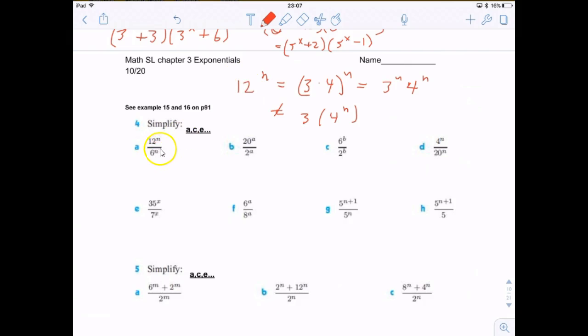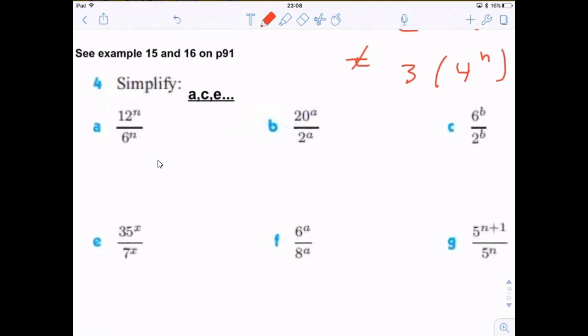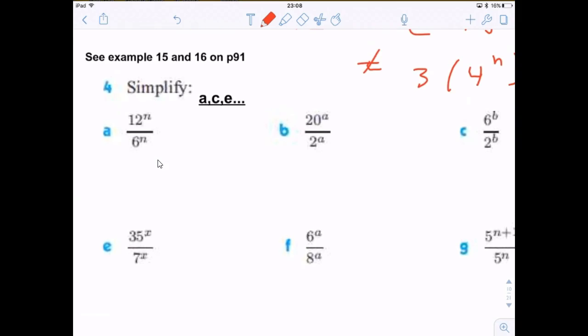All right, so let's use the fact that we can break down the base into separate factors like that to simplify these expressions. If we have 12 to the n divided by 6 to the n, 12 kind of looks like it's related to 6, right? What if we broke 12 to the n down into 2 times 6?